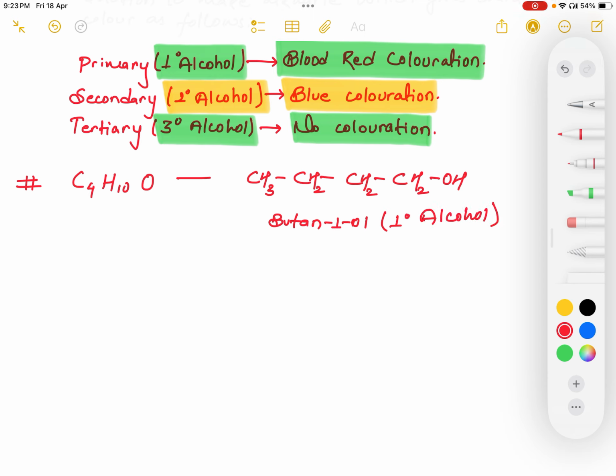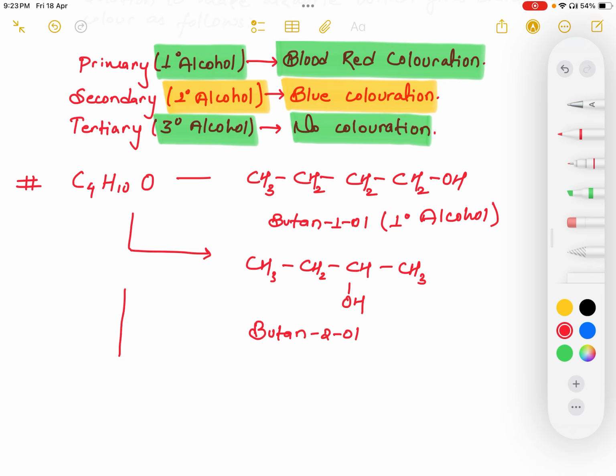Next I can make something like this: CH3, CH2, CH, CH3, and I put the OH group on carbon number 2. This is what we call butan-2-ol.